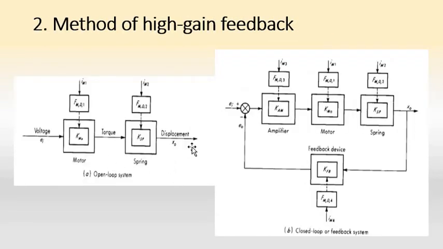Here this output displacement x naught can be made proportional to the input voltage EI by proper designing of the motor section and the spring section. We can represent the constant of the motor as Km and that of the spring as Ksp.